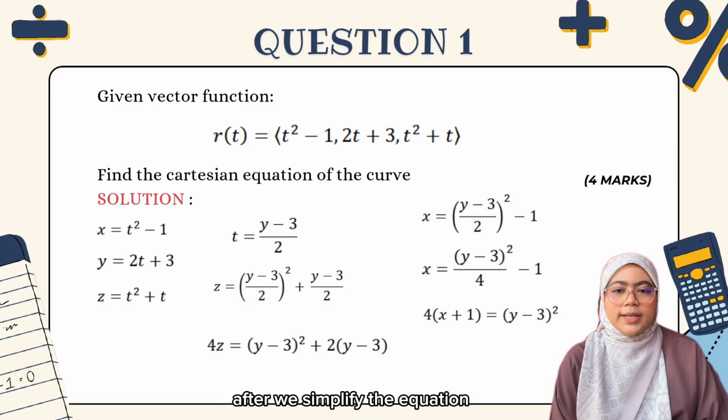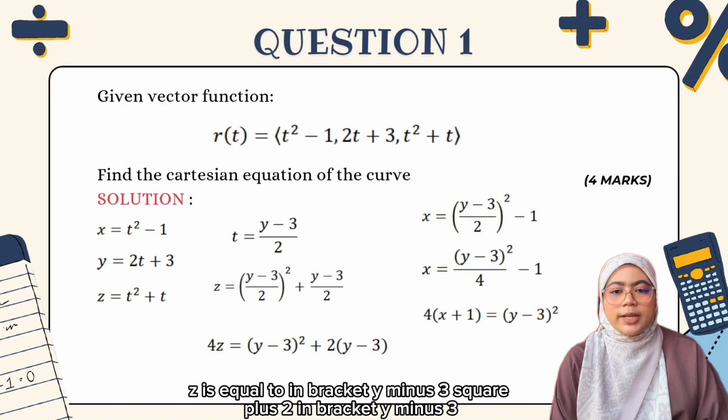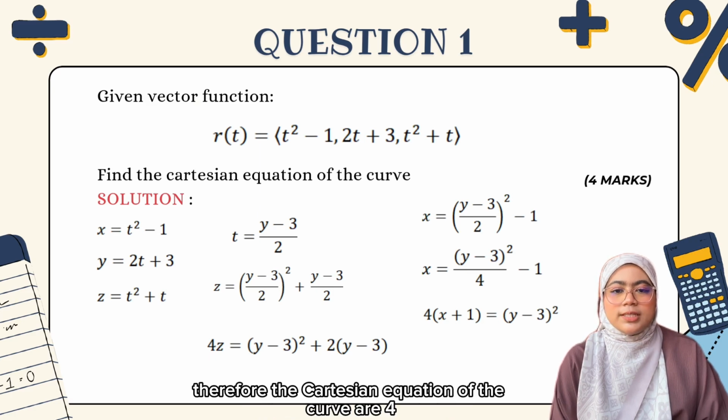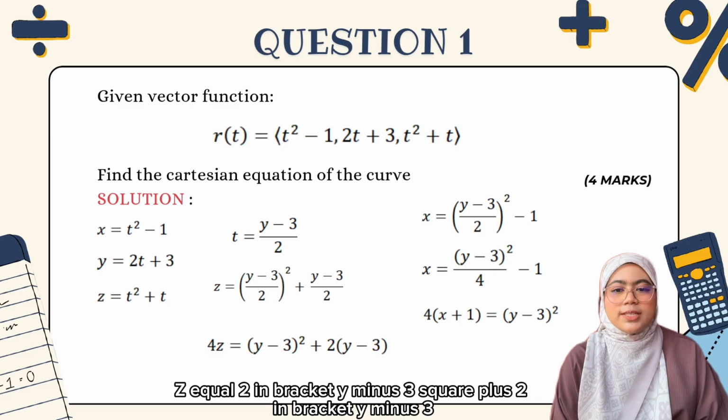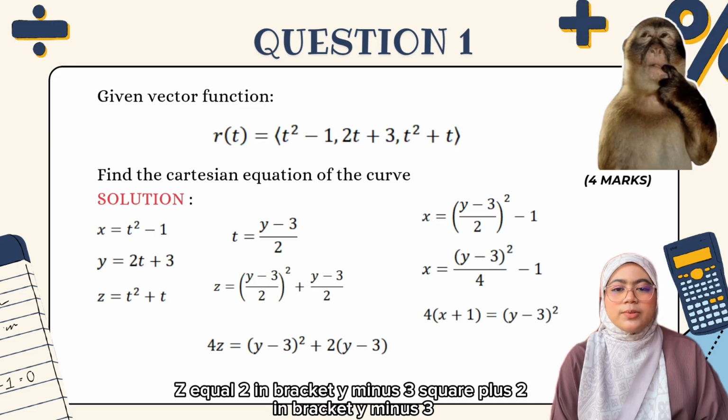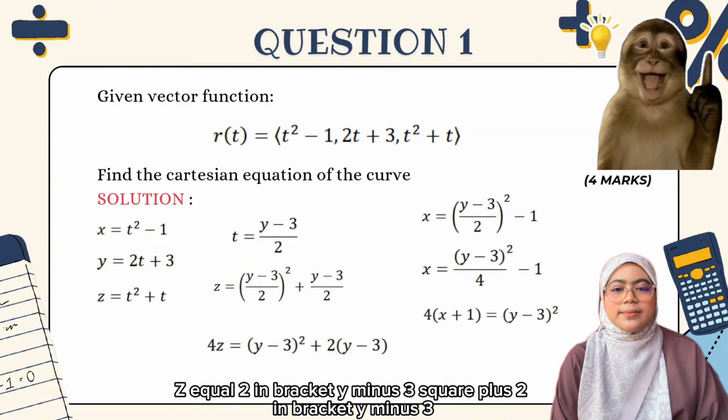After we simplify the equation, we get 4z = (y − 3)² + 2(y − 3). Therefore, the Cartesian equation of the curve are 4(x + 1) = (y − 3)², and 4z = (y − 3)² + 2(y − 3).